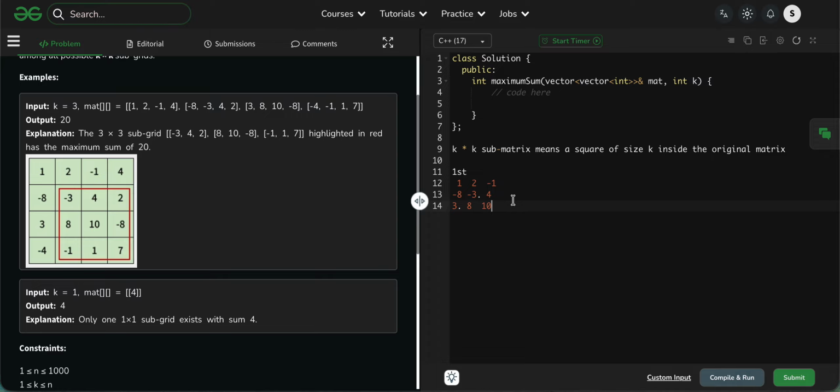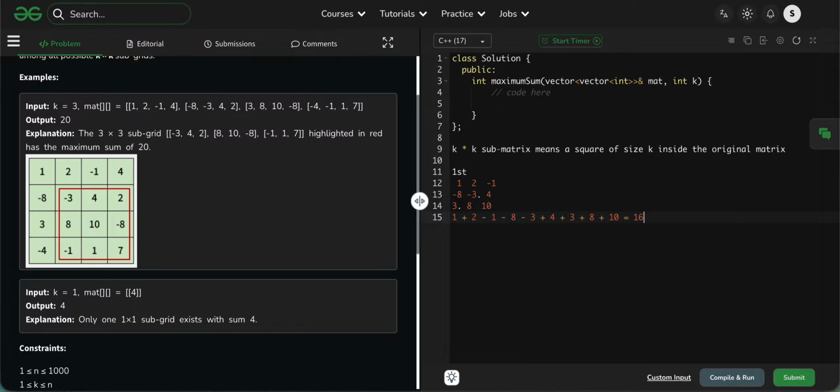So what is our maximum? Simple addition: 1 plus 2 minus 1 minus 8 minus 3 plus 4 plus 3 plus 8 plus 10. What is the answer? 16.